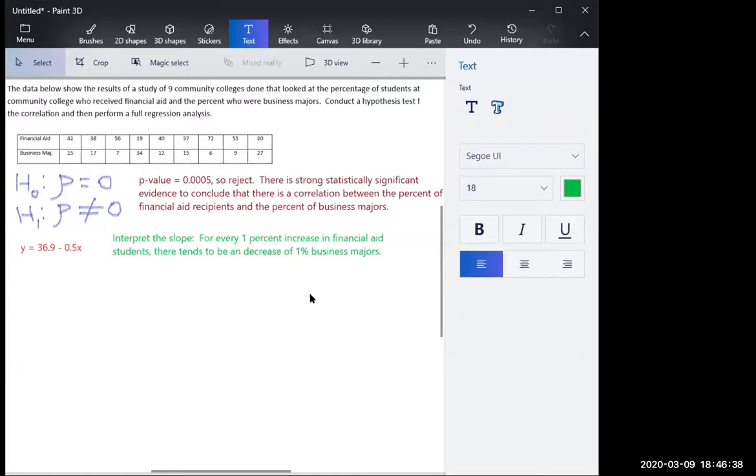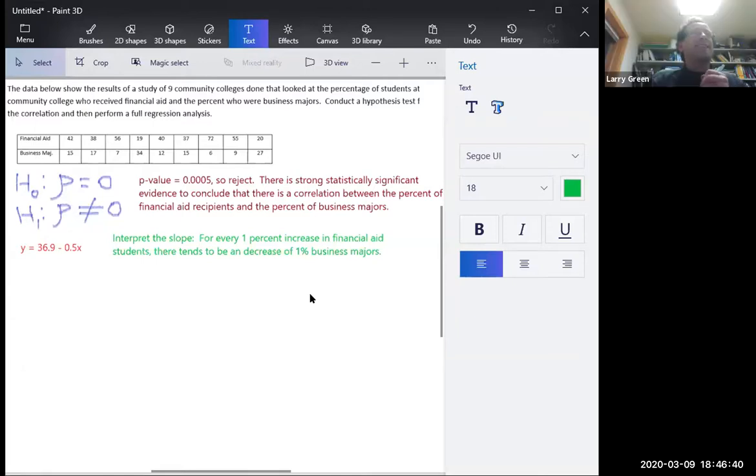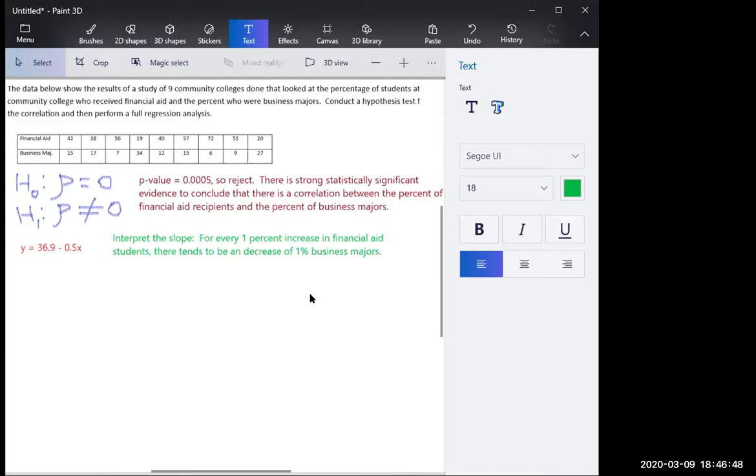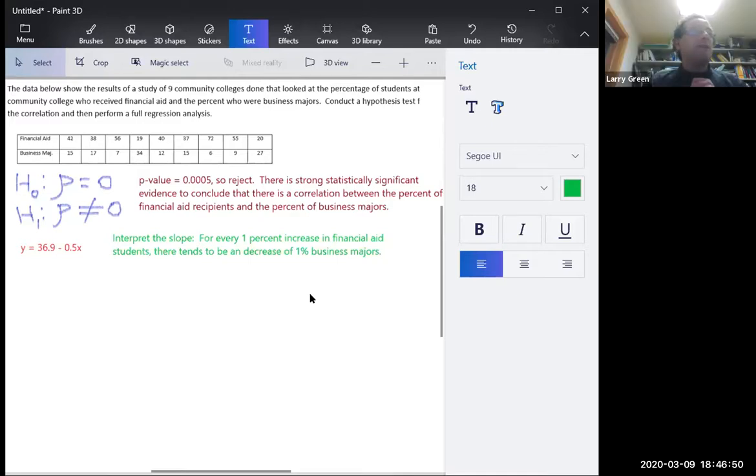No. And here's why: because I used the word will. So that would be a causative sentence. Giving financial aid is not going to cause more business majors.